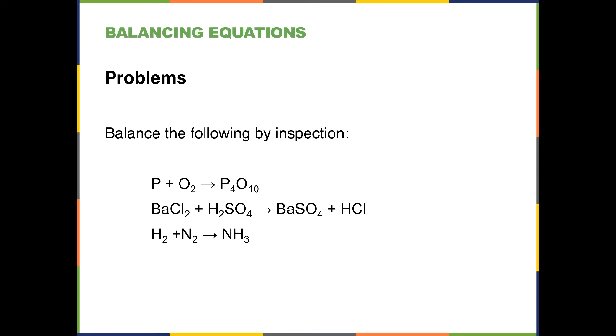And again, you see that in these equations we've already seen 3 of those diatomic molecules I mentioned last week: oxygen in the first equation, hydrogen and nitrogen in this equation.